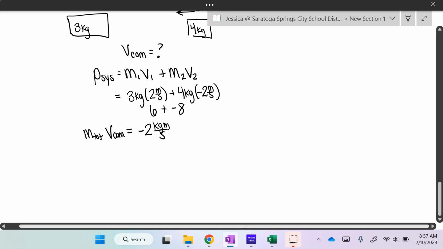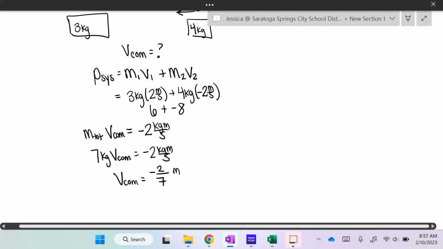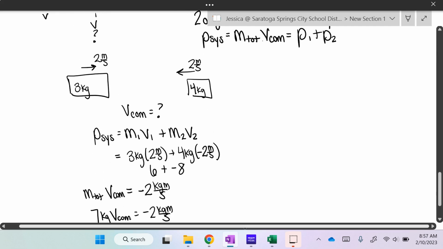So my total mass ends up being 7 kilograms, and the momentum is negative 2 kilogram meters per second. So I'm going to divide both sides by 7. So the velocity of my center of mass is negative 2/7 meters per second. So that dashed line here would move to the left at a speed of 2/7 meters per second.